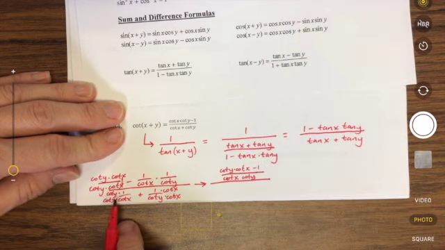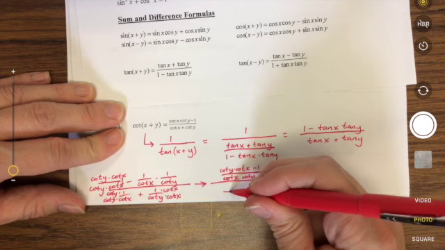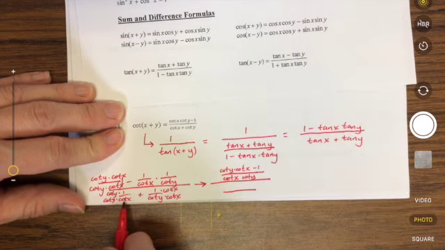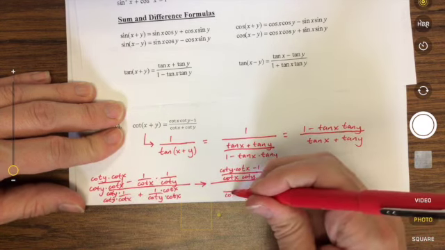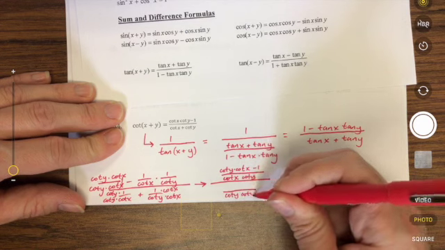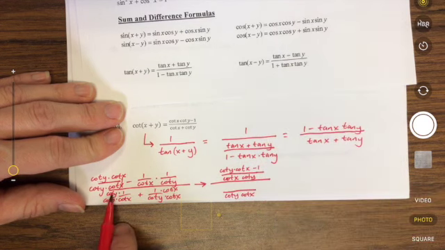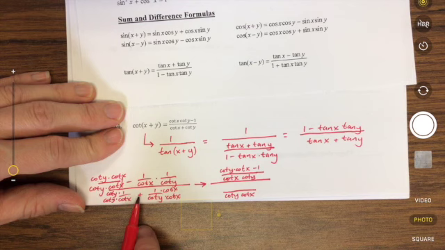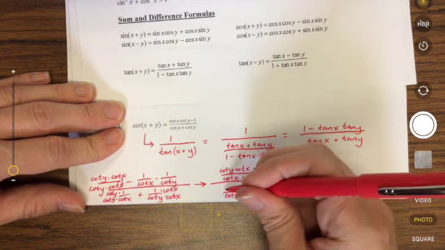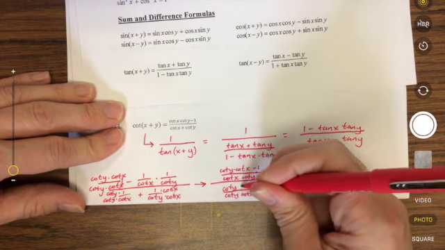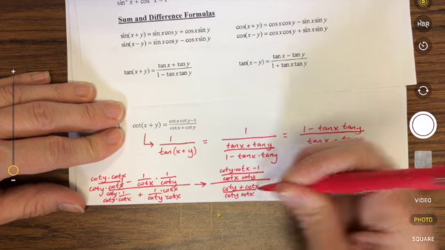In the denominator, we have, again, a common denominator of cotangent y, cotangent x. And then in the numerator, we have cotangent y times 1 plus 1 times cotangent x. So we'll just end up with cotangent y plus cotangent x.